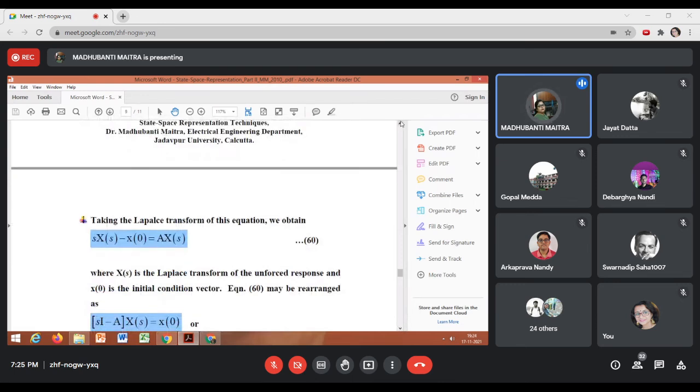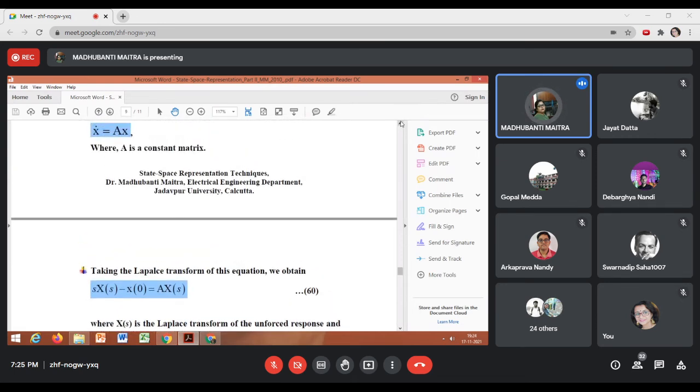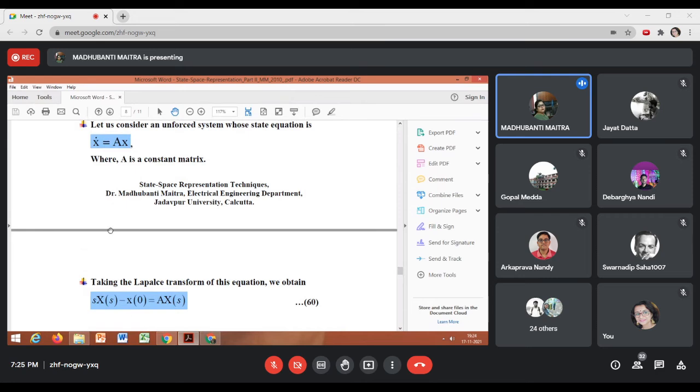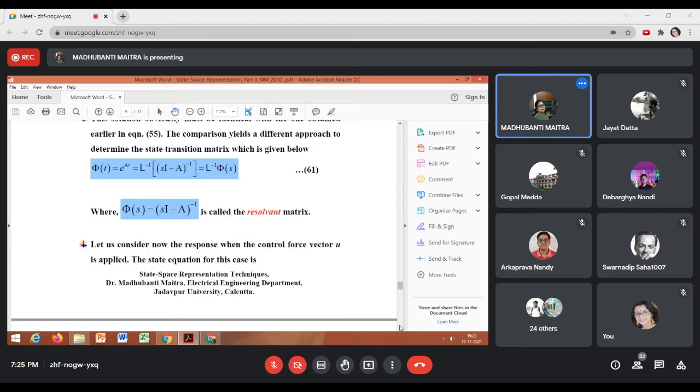If we take the Laplace transform of this equation, in the left hand side, we'll get s X(s) minus x0, x0 again a column vector depicting the initial conditions, which will be equal to A X(s), right? Now, we'll take this one in the right hand side and shift it to the left hand side.